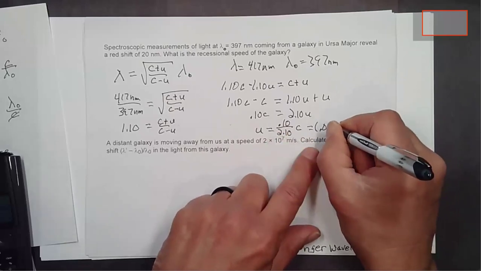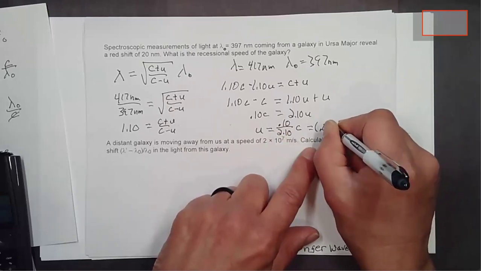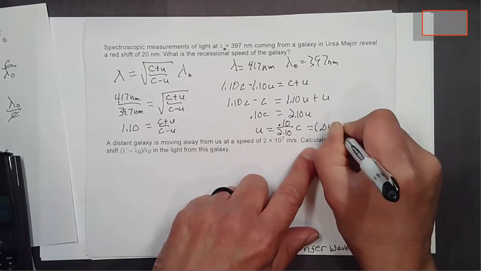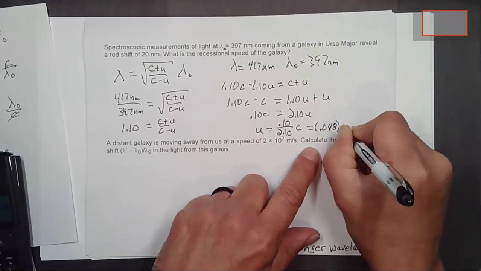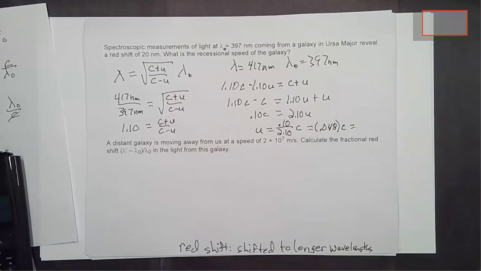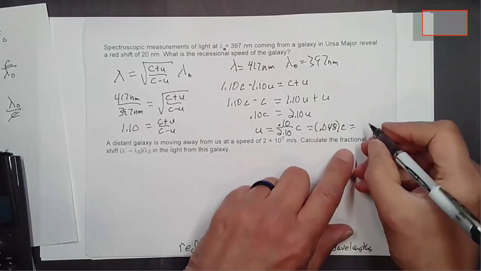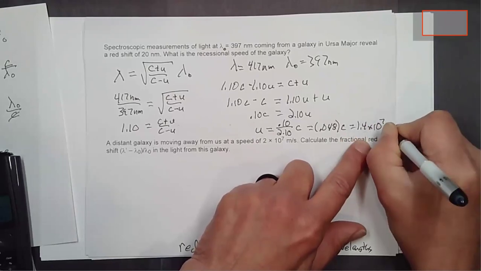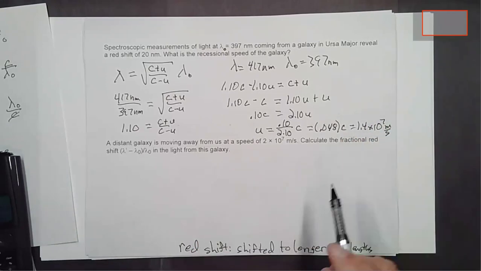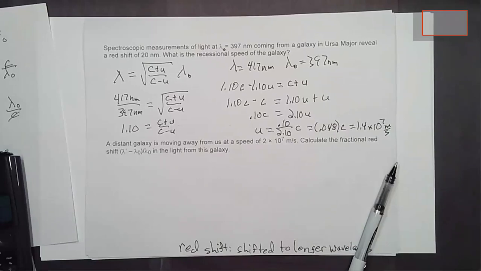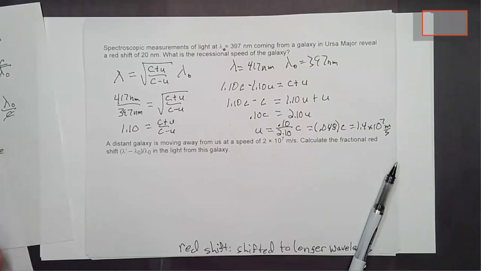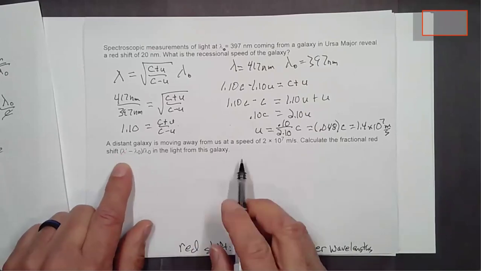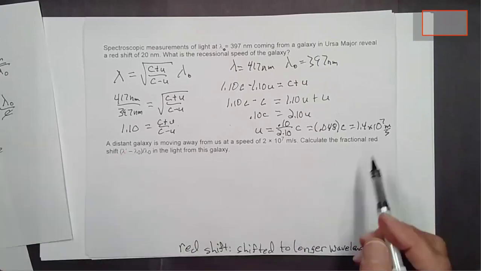I can keep two sig figs, so 0.048 times the speed of light, which if you actually multiply it out, it'd be about 1.4 times 10 to the 7th meters per second. So that's how fast it happens to be moving away, a distant galaxy. Well, hope that was fairly straightforward.